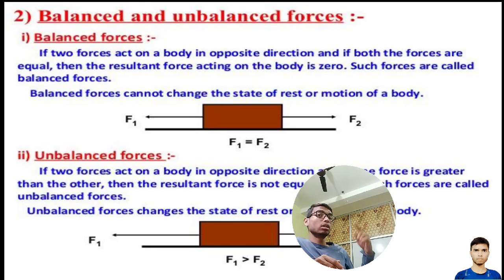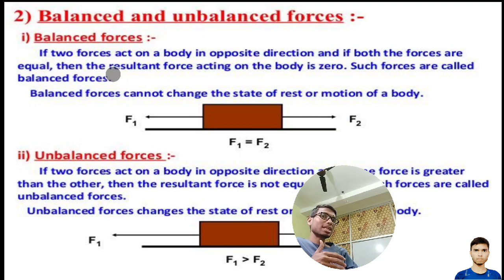But if an object is at rest, and both sides of it are applied with the same newtons, then that object will stay as it is. That object will not move at all.